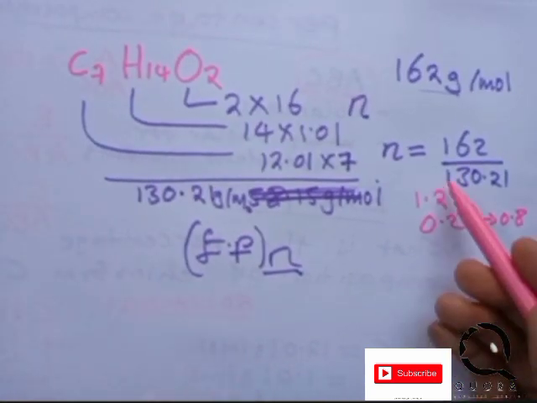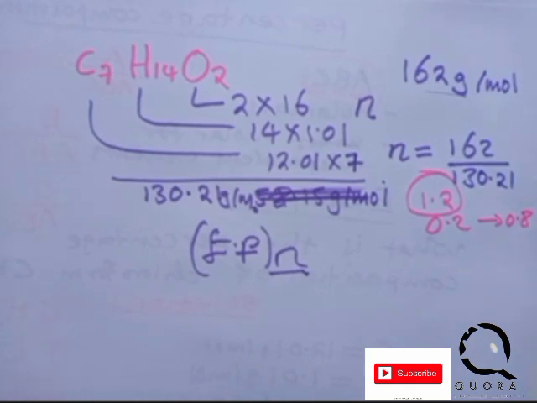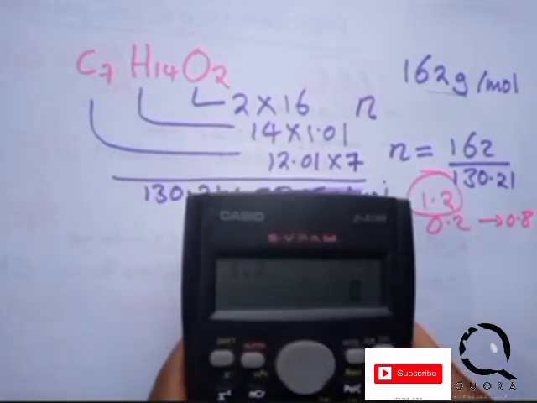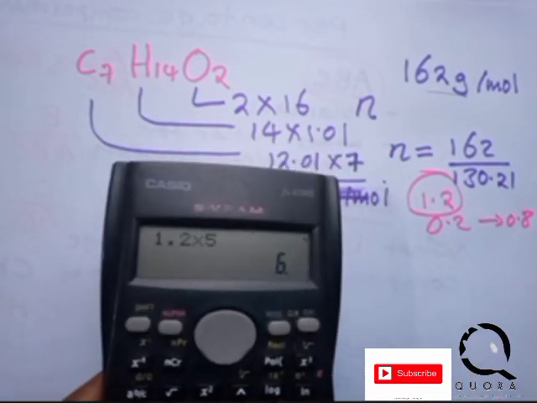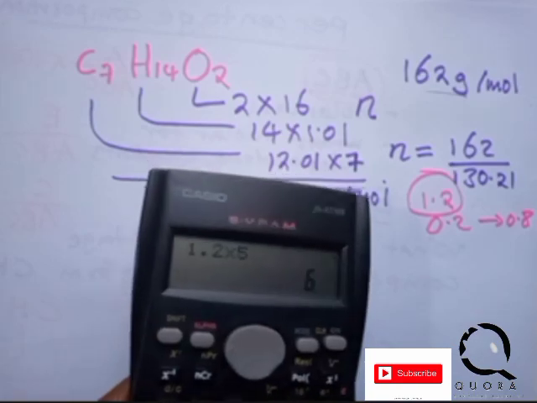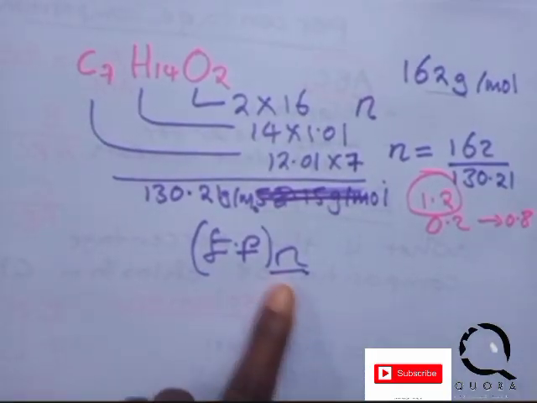There is only one factor which can make this a single number. That factor is 5. If I say 1.2 multiplied by 5, I'm definitely getting 6. Meaning that this 6 I'm getting has to be the actual number for n.